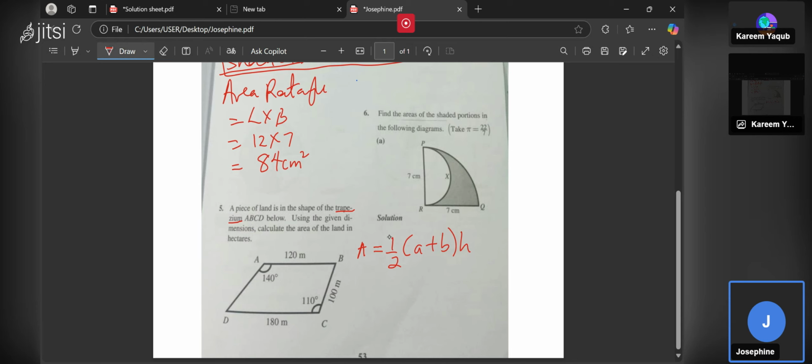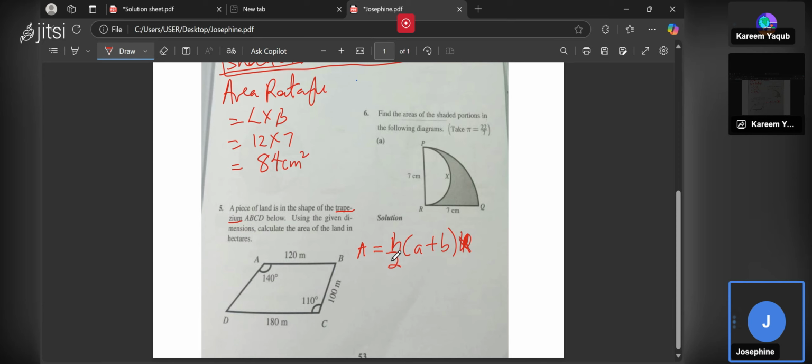So this will just be H. Alright? So that is the formula.